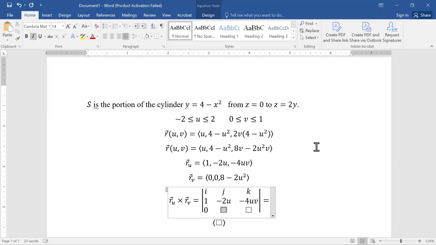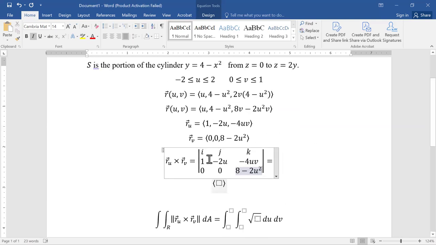Cross products are nice when we have lots of zeros floating around. If I want to do the cross product, then I take 1, negative 2u, negative 4uv in the second row of this matrix, and then 0, 0, 8 minus 2u squared in the third row. So I cancel out the first row and then the first column.